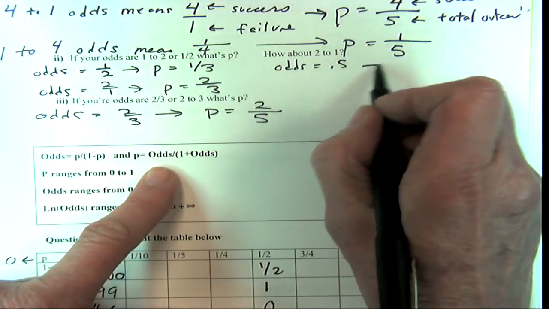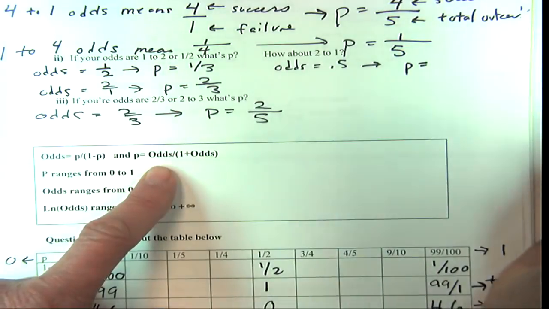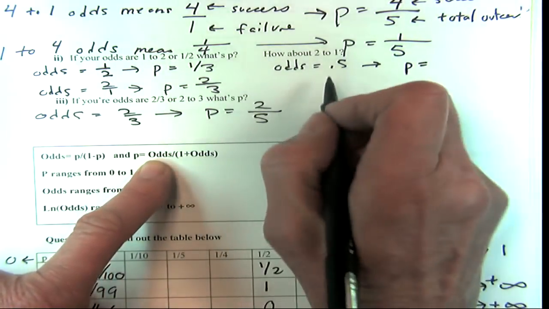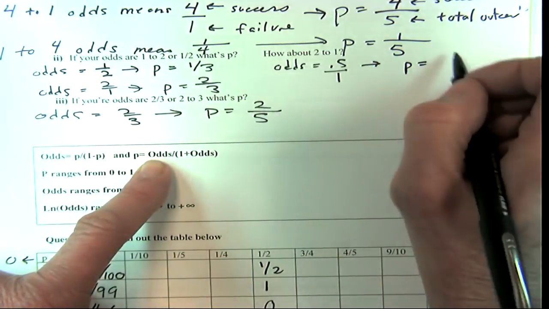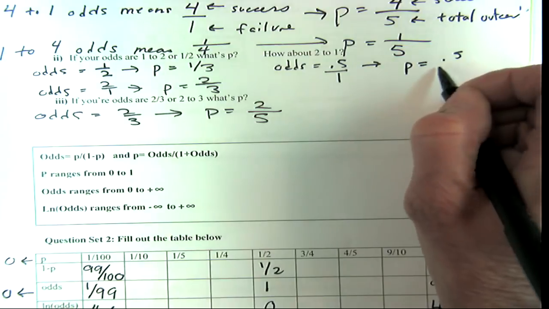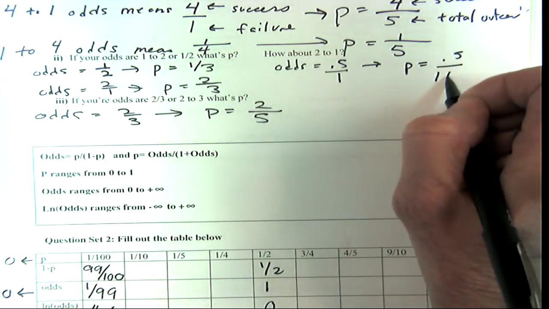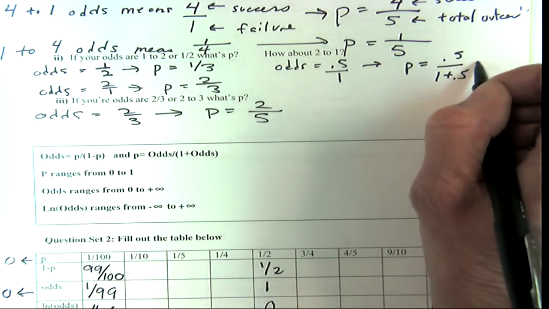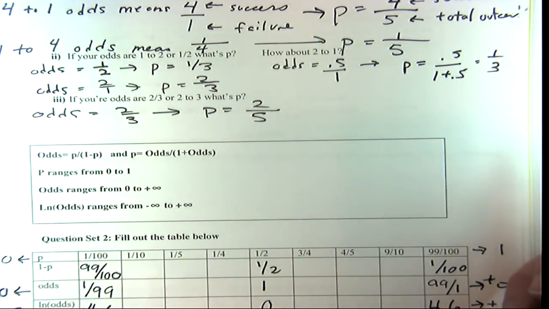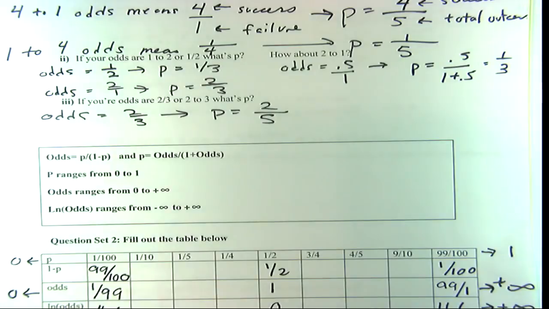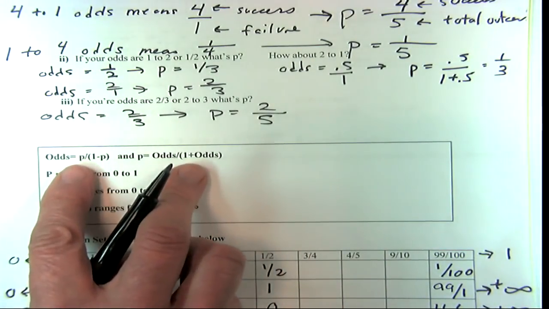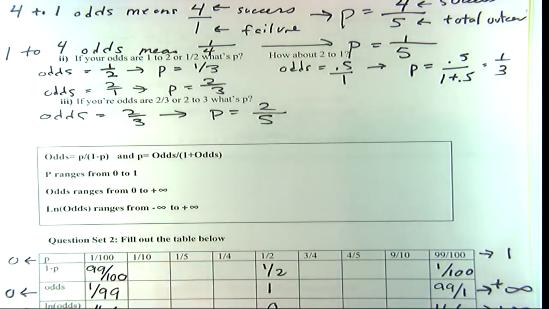So now your probability is equal to what? Why is this the same thing? Well, you could say 0.5 over 1, right? So you could go 0.5 over 1 plus 0.5, and that's 1/3. It's the same exact thing. So we can go back and forth between probability and odds this way.